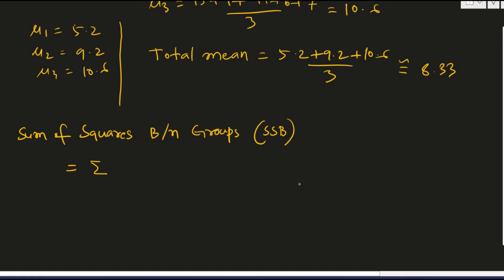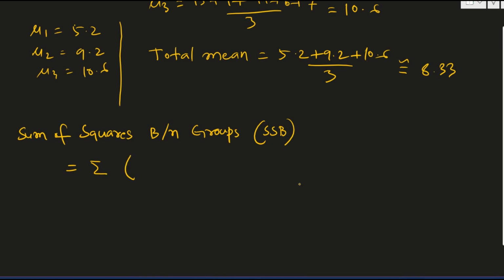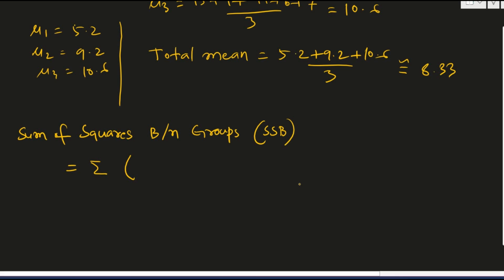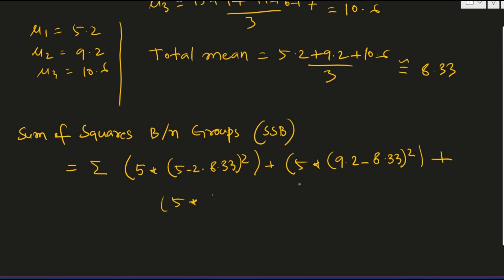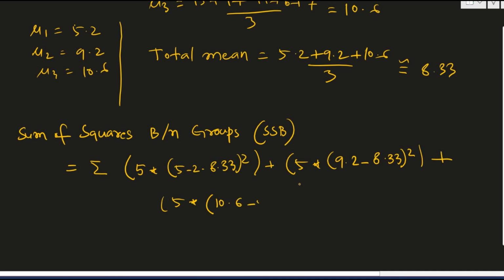In this case, our values are 5 into (5.2 minus 8.33) whole square, plus 5 into (9.2 minus 8.33) whole square, plus 5 into (10.6 minus 8.33) whole square.